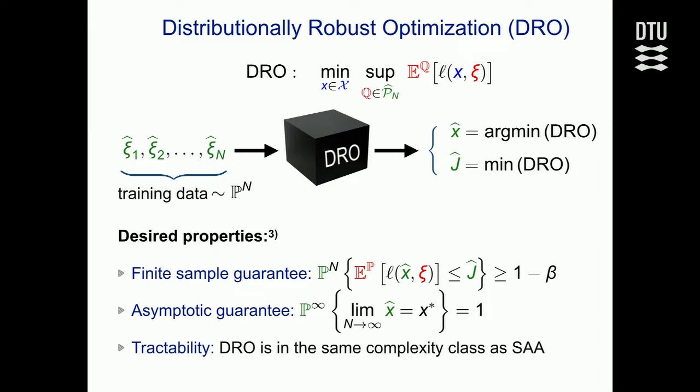And I will call this set the ambiguity set. The reason is that uncertainty in the distribution of a random variable is often termed ambiguity. So that's a family of distributions that all can explain our training data with sufficiently high confidence.